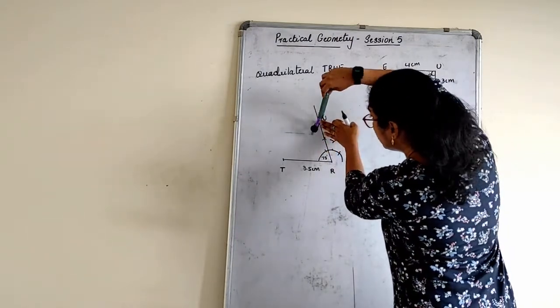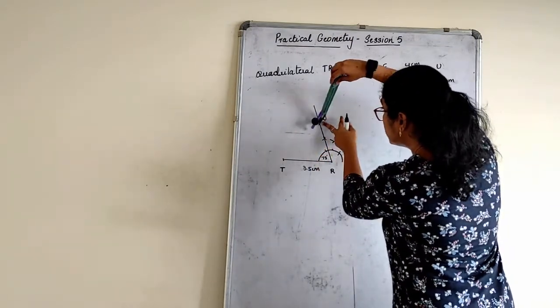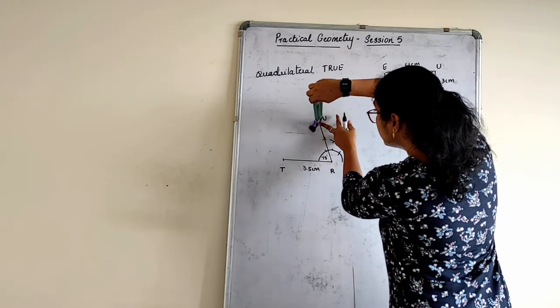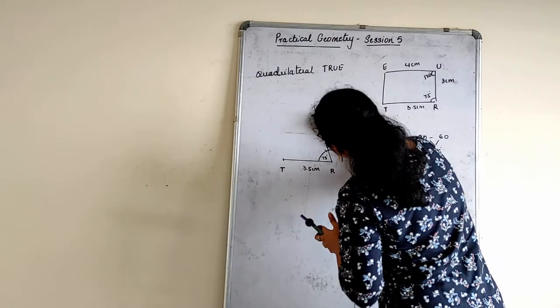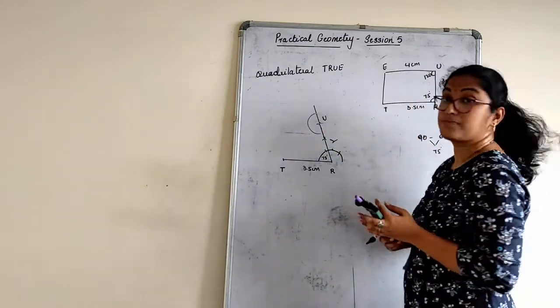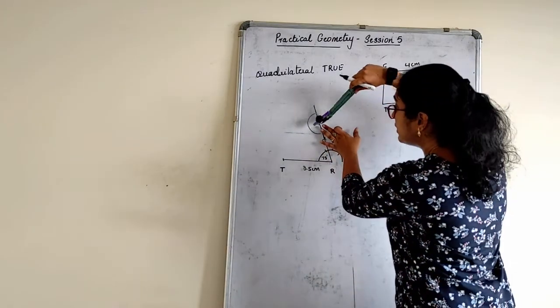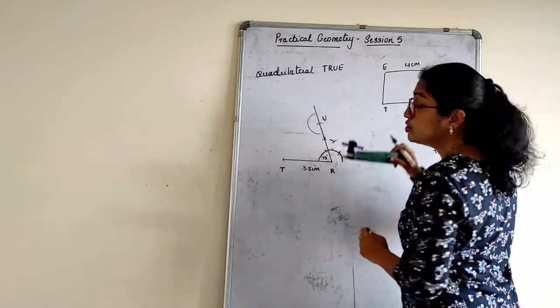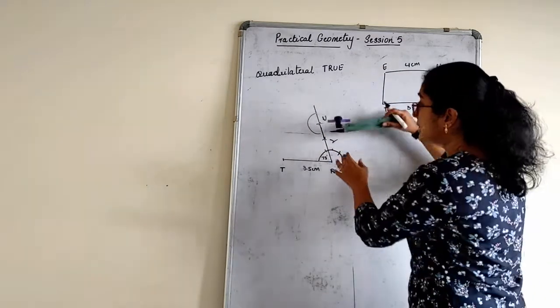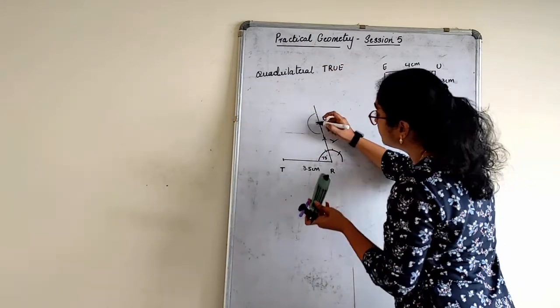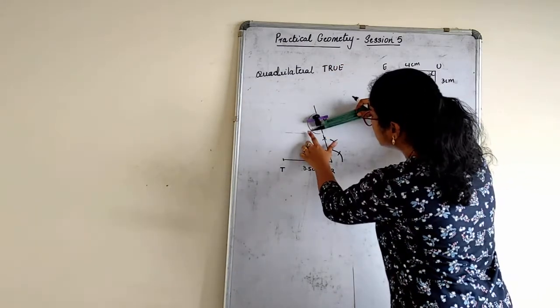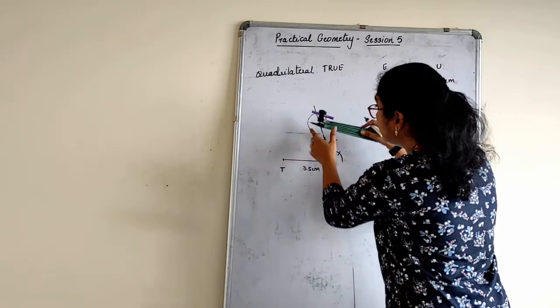So let me draw a small arc as possible here. Okay. Done. From here I have done a smaller arc. So where should be my 60 degree arc from? Here. This is my 60 degree cut. This is my 120 degree cut.